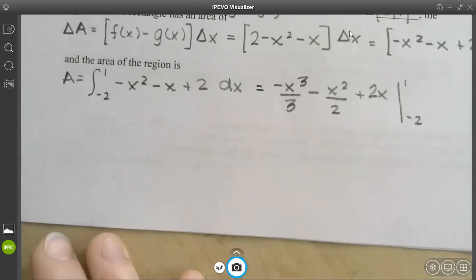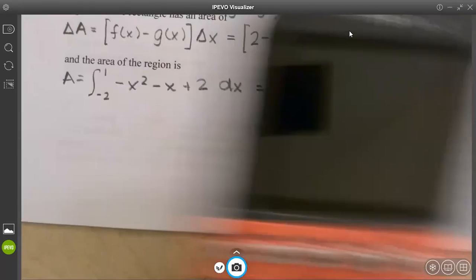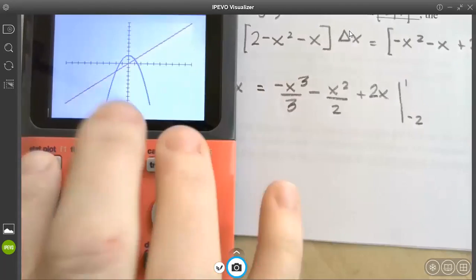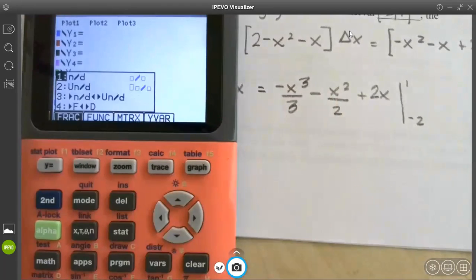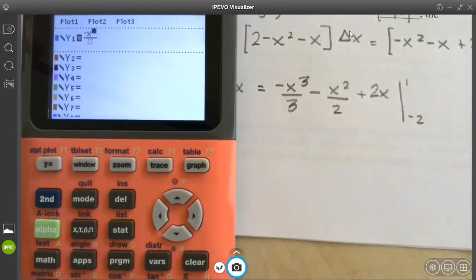All right, what do we do now? I'm going to tell you the easiest way to do this, because these are whole numbers, is to put this function into your y equals instead of having to plug it in and screw everything up. Now, if you can't use your calculator, did I not show you how to plug it in the first one? Yes. So I would go into y equals and put this function in, using alpha y equals so that I don't screw it up.